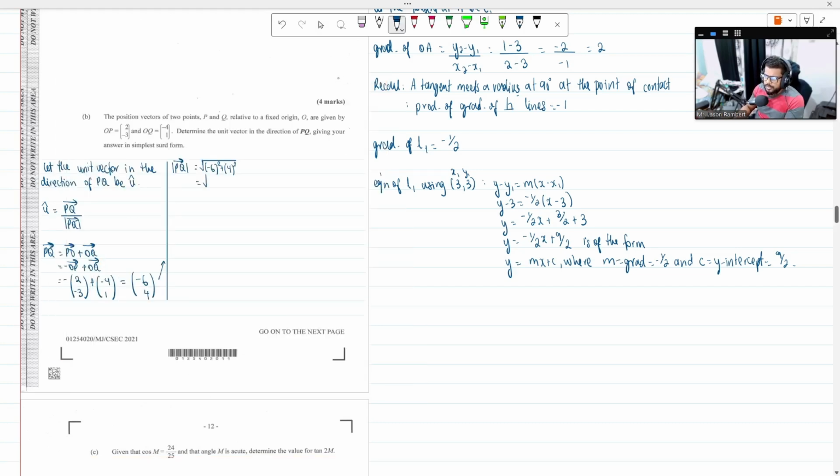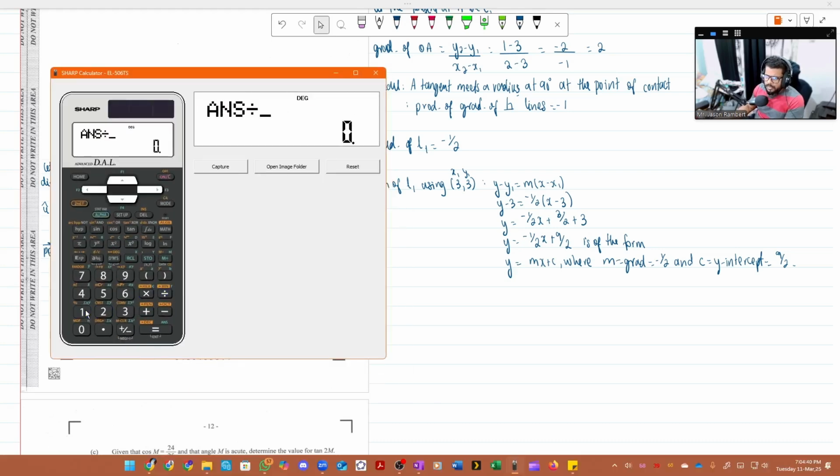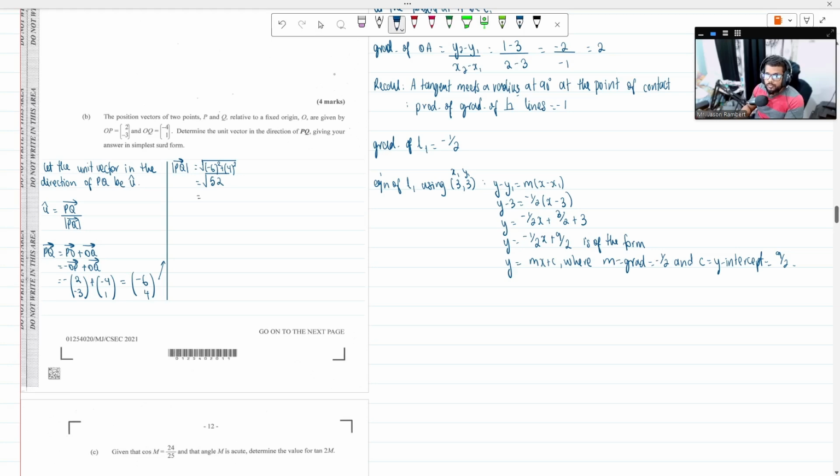And we could break this down in surd form. So root 52 could be what? 4 by what? Let me check and see if divided by 16 we get anything. Nah. So 52 divided by 4 is 13. So that is root 4 root 13. Root 4 is 2. So this is 2 root 13. So U hat is now going to be, what I'm going to do, I'm going to change my vector PQ in IJ format, which is minus 6i plus 4j divided by 2 root 13.